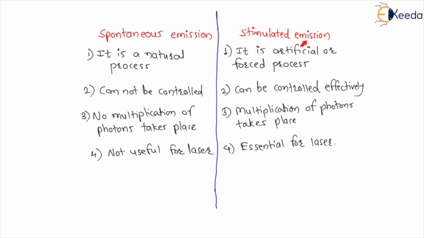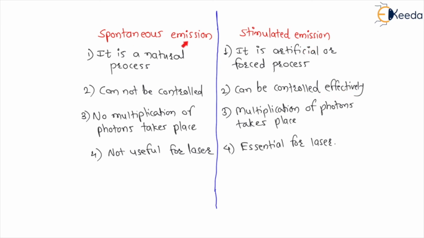But in case of stimulated emission, we have given the external energy of a photon for the emission. Therefore, it is an artificial or forced process, right? And spontaneous emission is scattered, that is, it cannot be controlled. But stimulated emission is a straight line path, that is coherent, that is monochromatic, meaning it can be controlled very effectively.